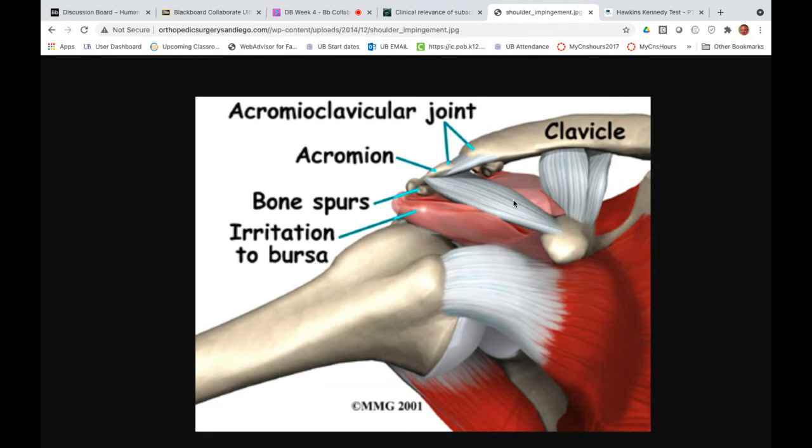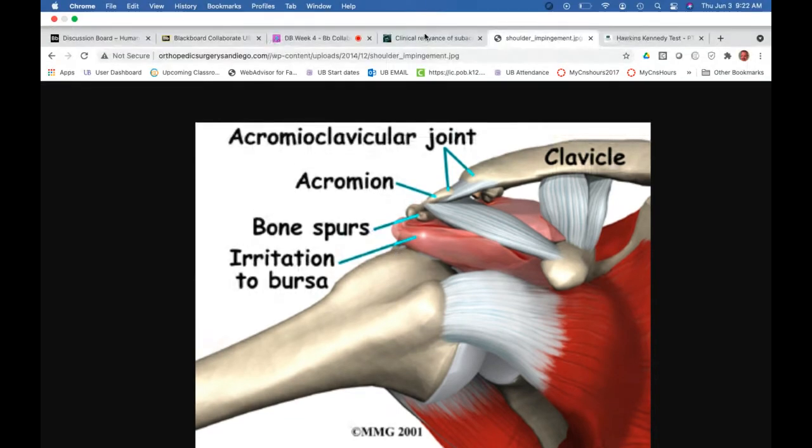So I call this the troublemaker because this becomes the roof, right? This is what we call the coracoacromial arch, or the roof, which becomes a compressor when the arm abducts. So when you bring the arm out to the outside during abduction, now you start to get the supraspinatus muscle, which is here, right?